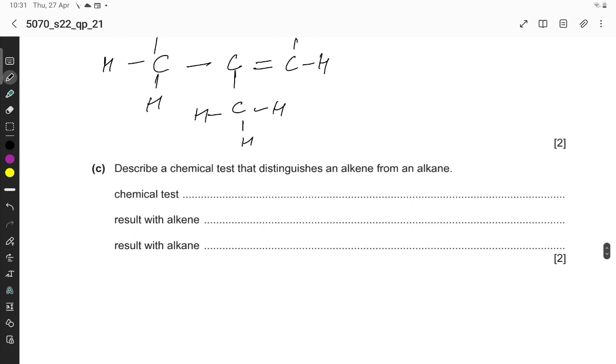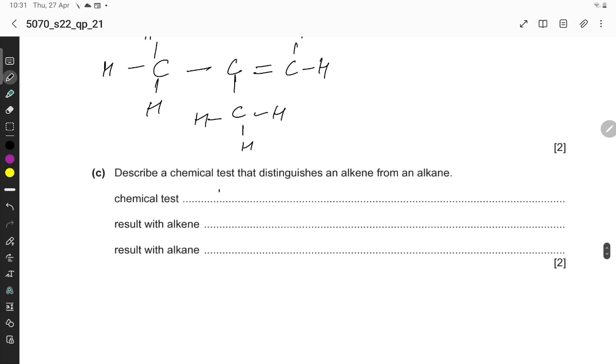Describe a chemical test that distinguishes an alkene from an alkane. Chemical test: add bromine water.